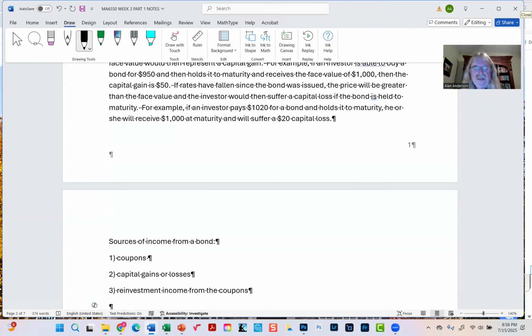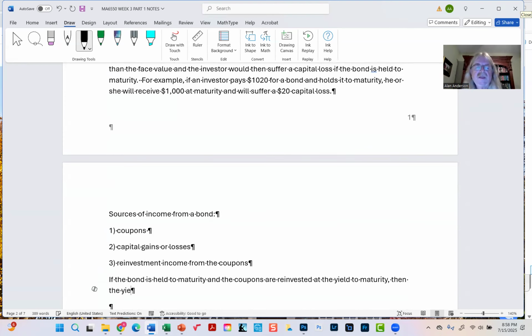Okay. So if the bond is held to maturity and the coupons are reinvested at the yield to maturity, meaning that your rate of return is the yield to maturity, then the yield will be the actual rate of return to the bond.